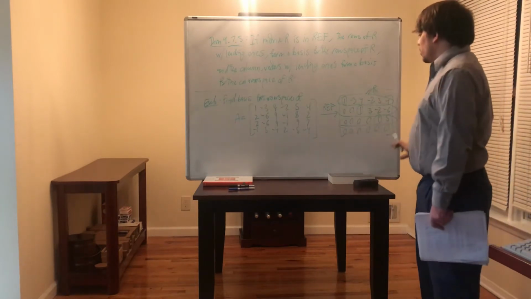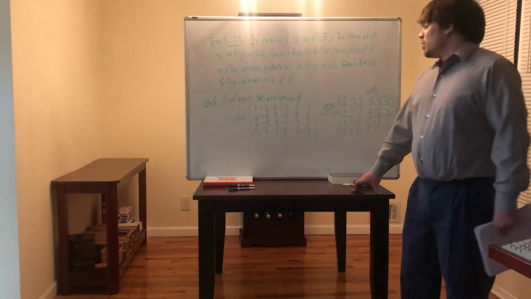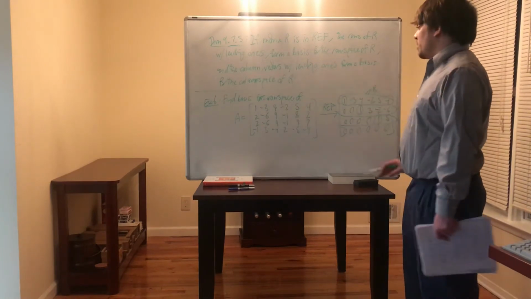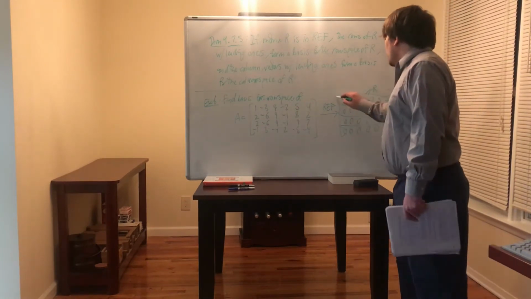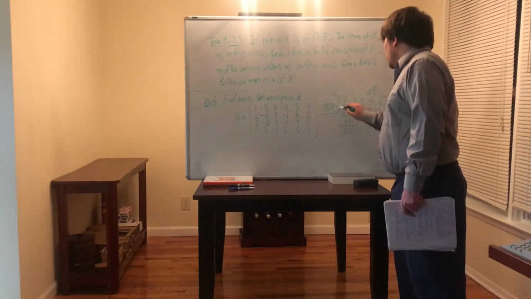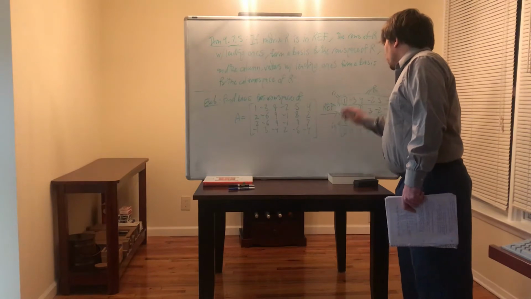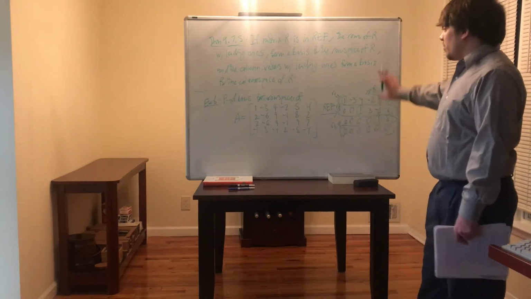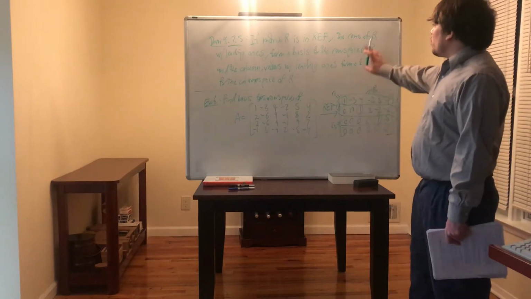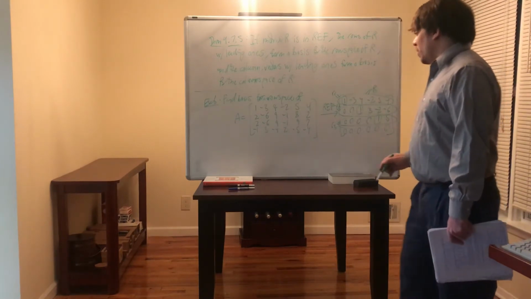The fourth row is all zeros, and it doesn't have a leading one. So the first three rows have a leading one, and those are the rows that will form a basis for the row space of R. And so I'm going to call this first row R1, the second row R2, and this third row R3. Those are the first three rows of matrix capital R, not A, capital R. And so those three rows will form a basis for the row space of R.